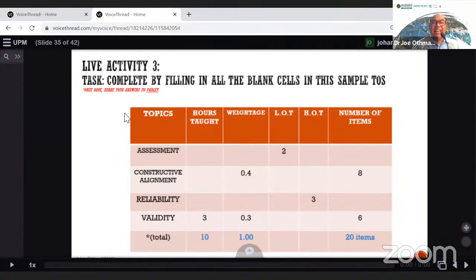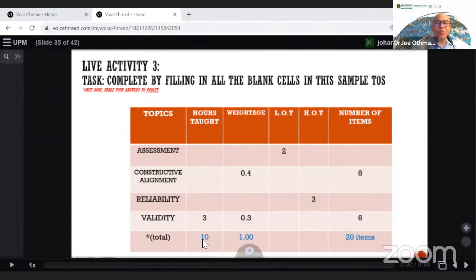This is the live activity. Complete this. But I know I don't have the time now. So complete the activity. I wish I had the time for you guys to complete. This is one of the interesting things. If you really understand the steps, you know how to complete this. All the unfilled blanks must be filled in appropriately.